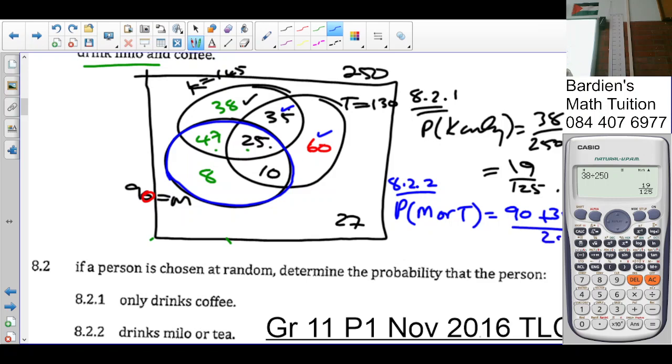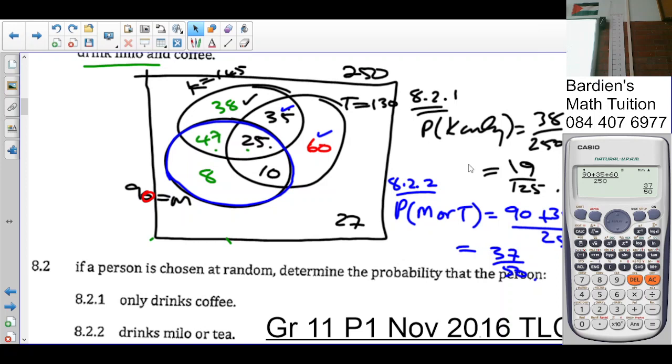And this is all over. Okay. You all agree with that? 90 plus 35 plus 60, all over 250. Gives you 37 over. Okay, is that correct?